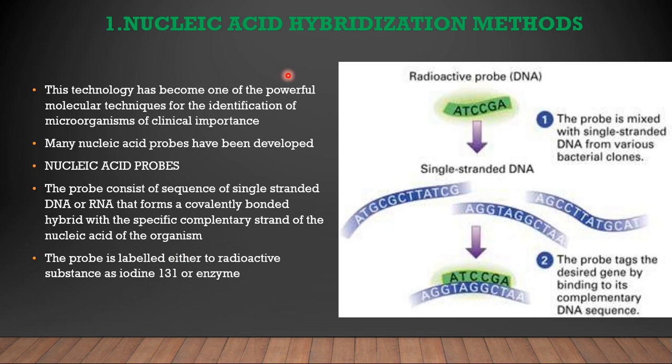These nucleic acid hybridization methods are mainly employed to identify viral infections like HPV, CMV, HBV. So these are the infections which can be identified by using this nucleic acid hybridization method.